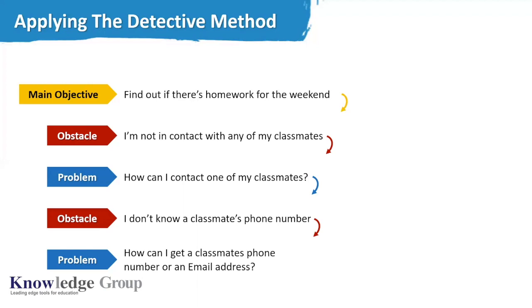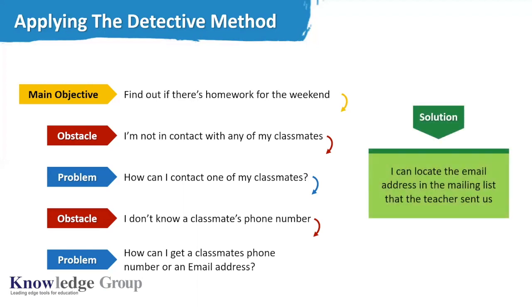What do you think about this problem or applying this method? Well, one of the solutions that we can get to this problem is that he can locate the email address in the mailing list that the teacher sent them. But again, this is just a solution. You can have a variety of solutions for this problem.